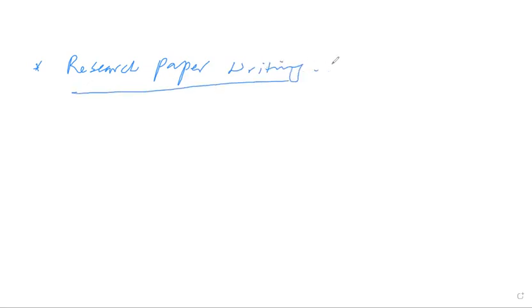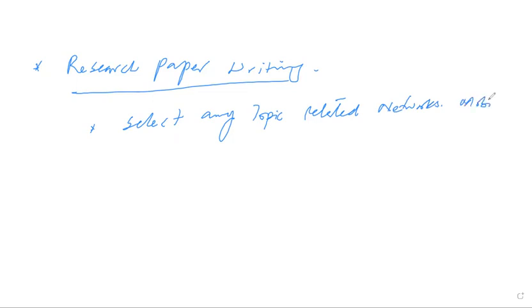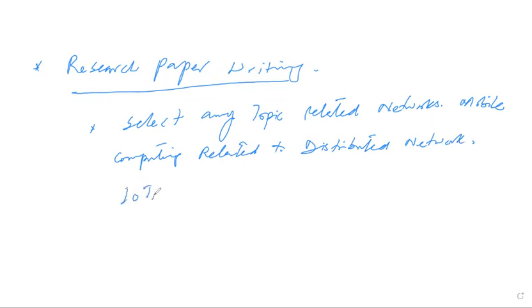A research paper writing. We had a discussion in the last lecture that you can select any topic related to networks, related to mobile computing, related to distributed computing, or distributed networks, Internet of Things, IoTs, Internet of Vehicles, industrial IoTs, IIoTs.